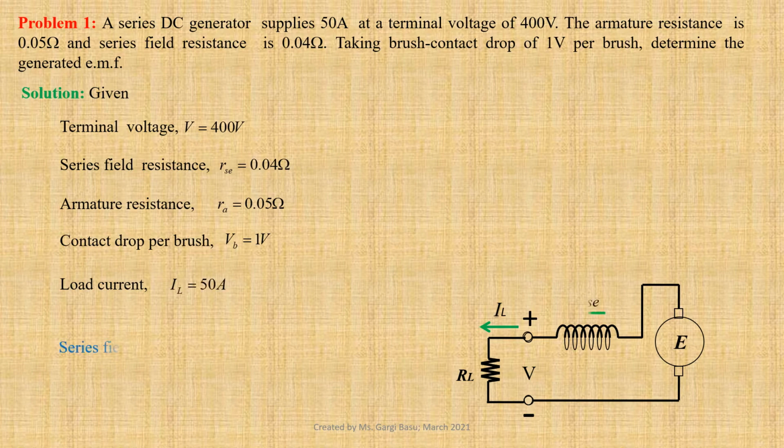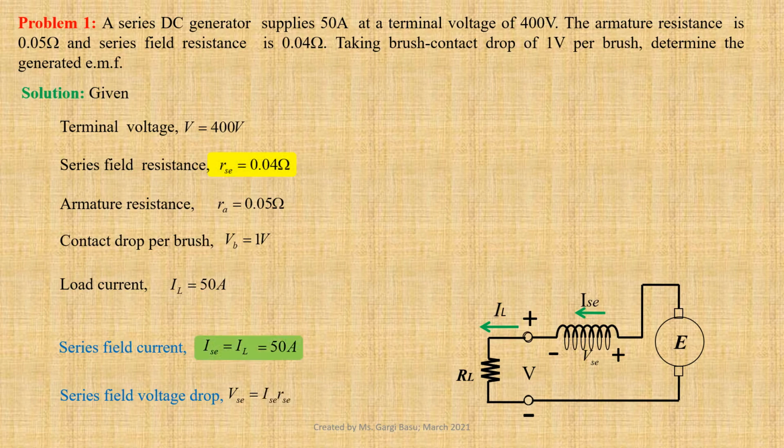Here series field current IAC equals IL, that is equal to 50 ampere. Now we shall calculate series field voltage drop. VAC equals IAC into RAC.